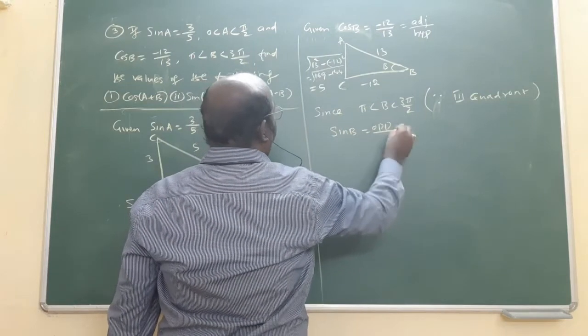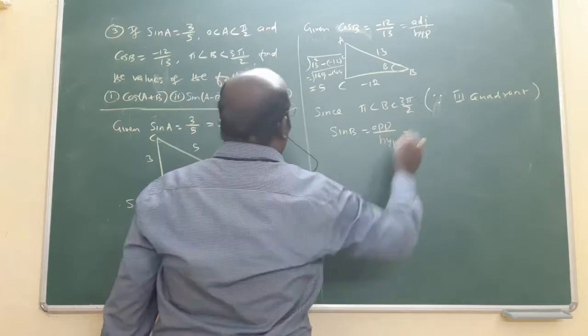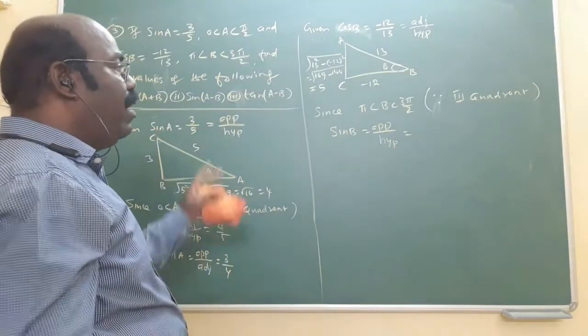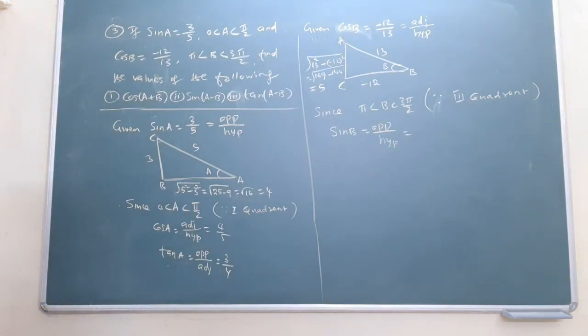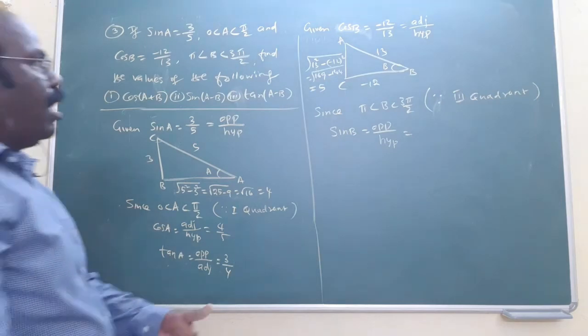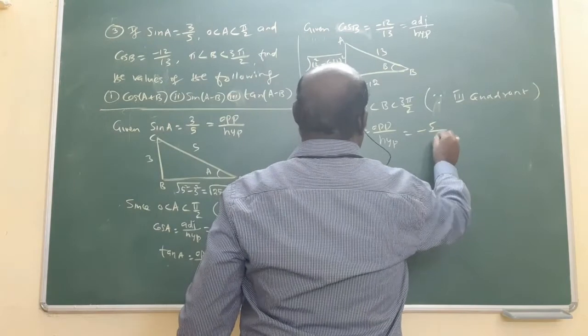Opposite by hypotenuse. Opposite is what? Here, minus 5. That's very important. We get the answer negative, no? Third quadrant, sin and cos only negative. Tan only positive. By calculation, it is 5, but you will consider minus 5. That's important. Minus 5 by 13.